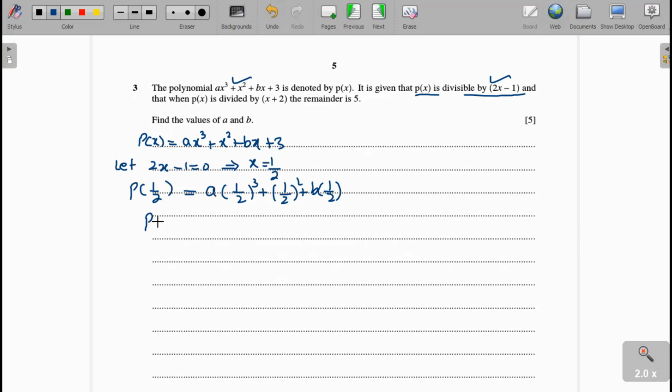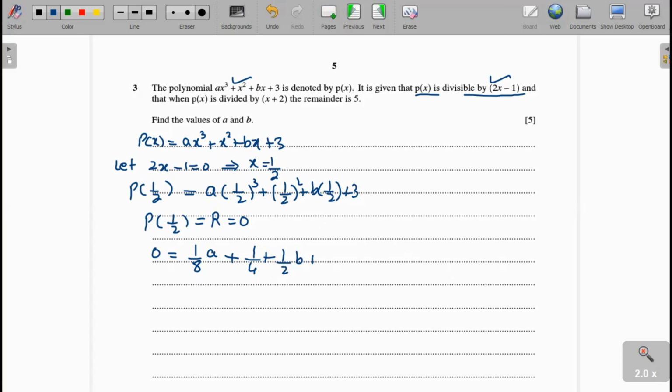And p of 1 over 2 will be equal to the remainder, and the remainder will be equal to 0 because it is exactly divisible. Therefore, we write 0 equals 1 over 8 a plus 1 over 4 plus 1 over 2 b and plus 3.